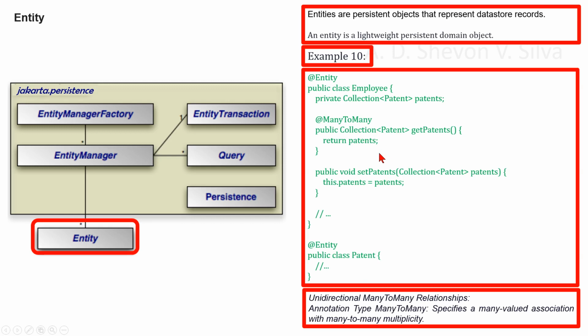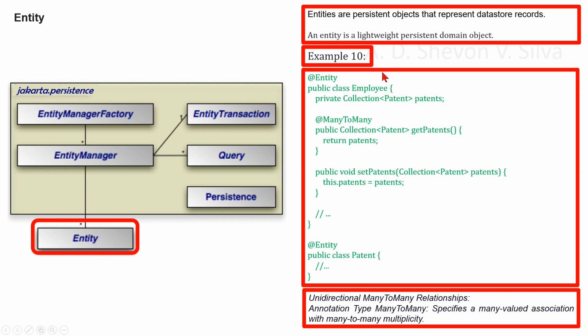The entity patent does not reference entity employee. Entity employee is the owner of the relationship. The following mapping defaults apply here.